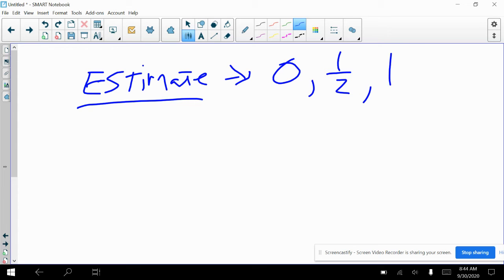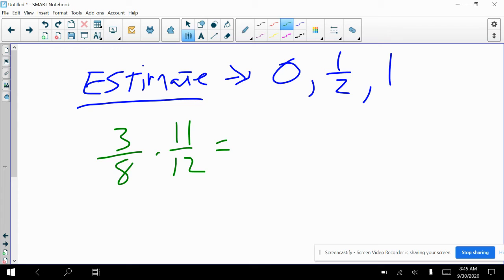So here's what a question may look like. 3/8 times 11/12. Now you've got to keep in mind we are estimating. Nobody's asking you to find the exact answer. And this is where you've got to kind of know your facts.